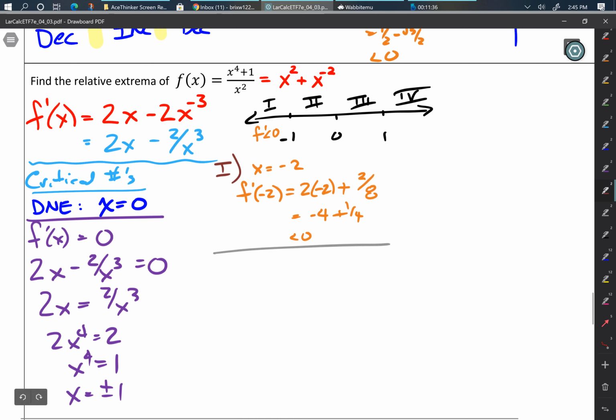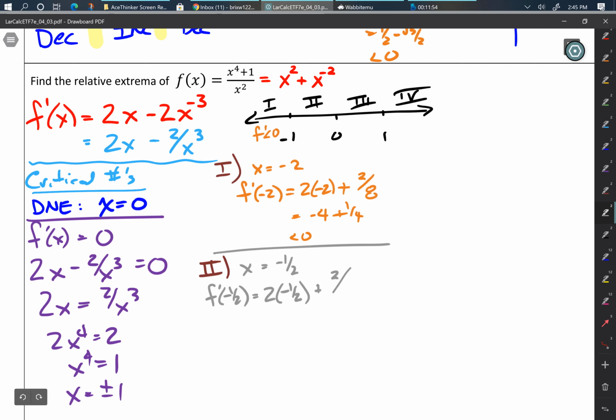Interval number 2. I'm going to pick x to be, I don't have much choice here. How about negative 1/2? F prime of negative 1/2, 2 times negative 1/2 plus 2 divided by negative 1/2 cubed. 2 times negative 1/2 is negative 1.